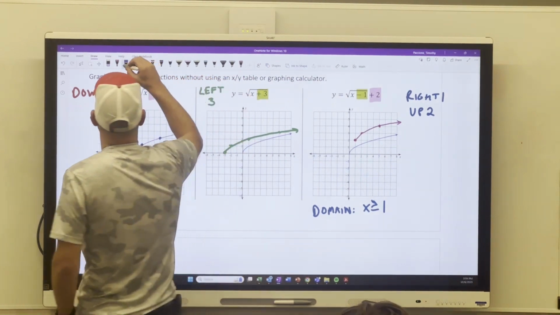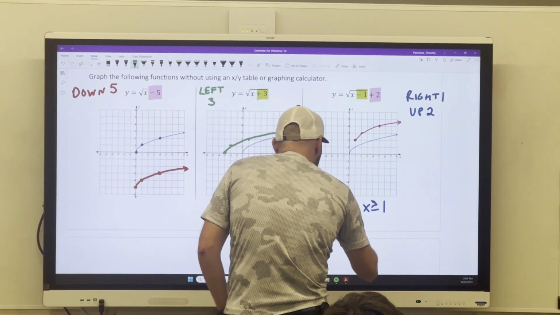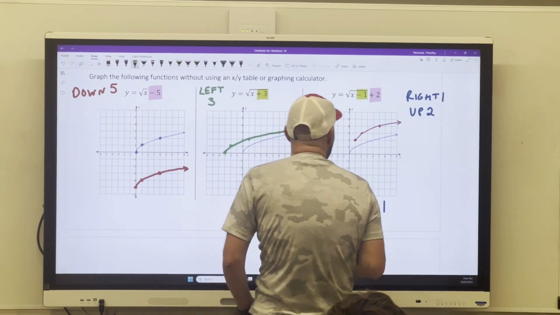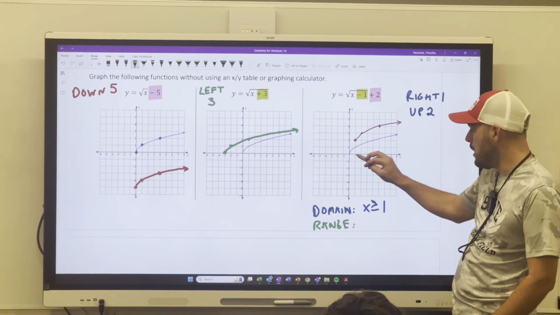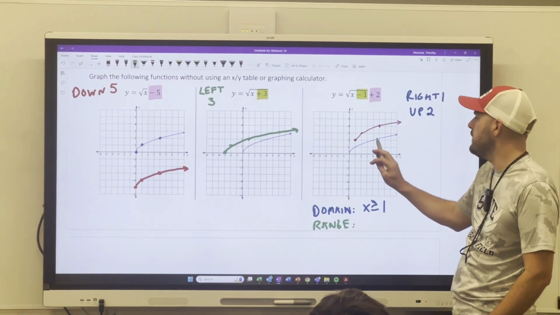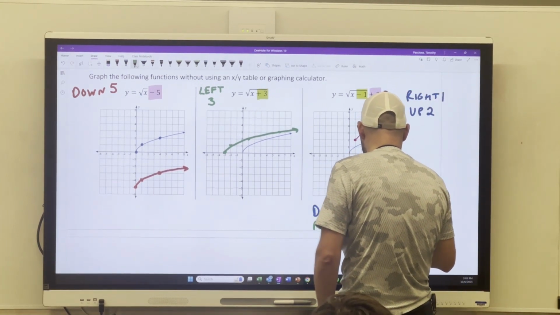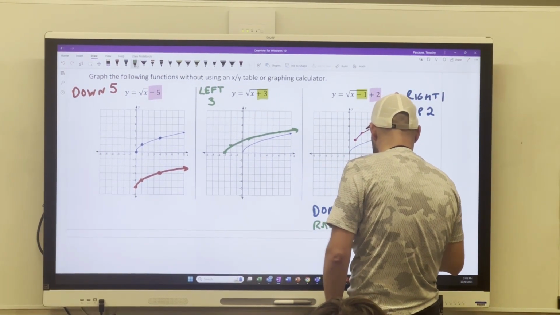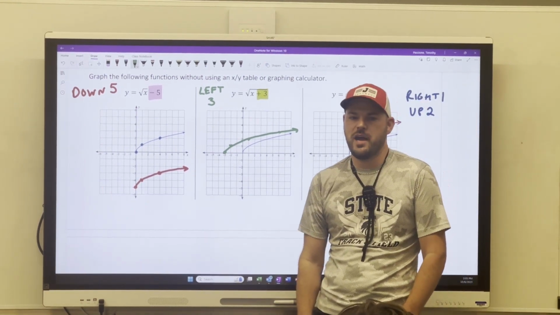And then my range, so glad you brought this up. Where's my first y value? 2, and then it goes forever. So y is greater than or equal to 2. There you go. You're ahead of the other classes now. They didn't do that. Are you happy?